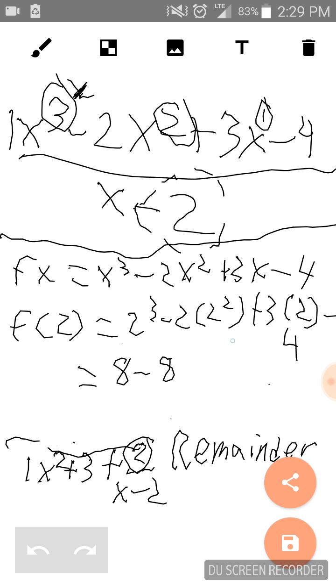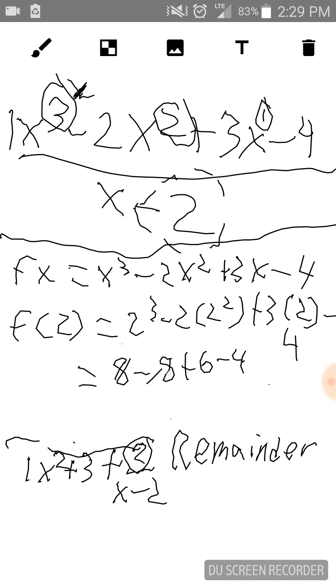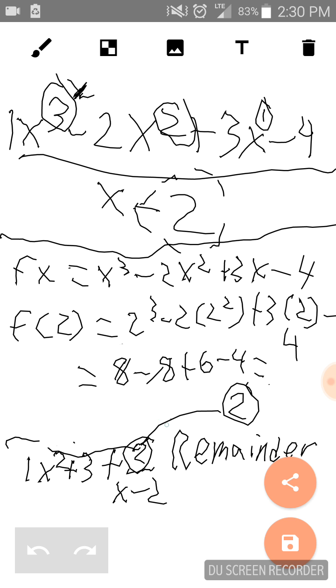Then positive 3 times 2 equals plus 6. And then you just bring down your negative 4. The 8's would cancel out since it's positive and a negative. That leaves you with 6 minus 4. 6 minus 4 equals... Hey, what do you know? The remainder. So that's how you would figure it out.